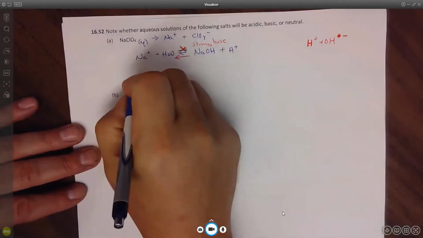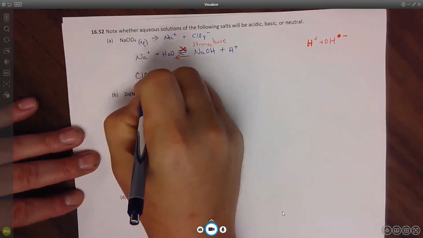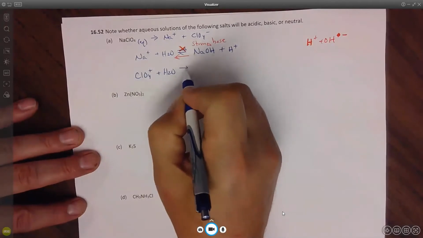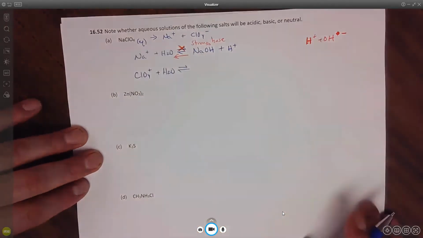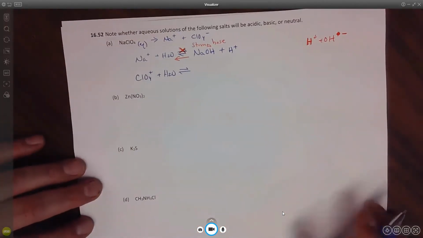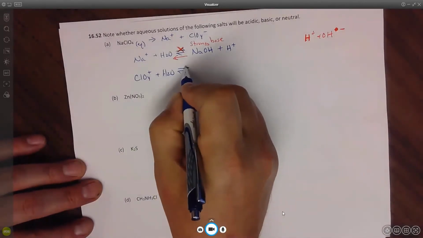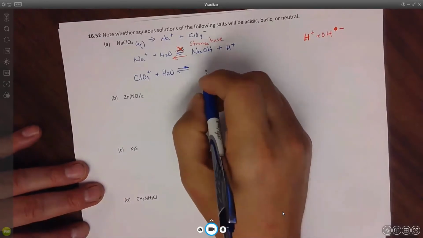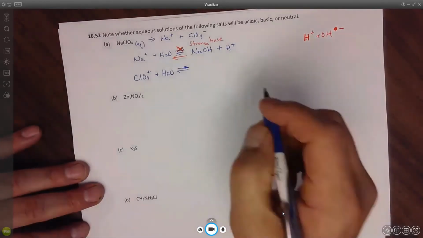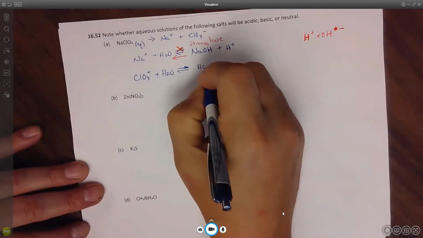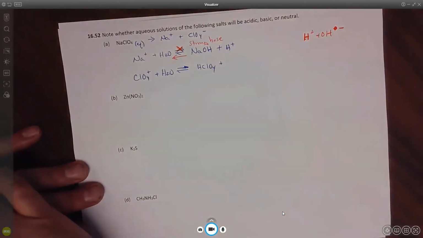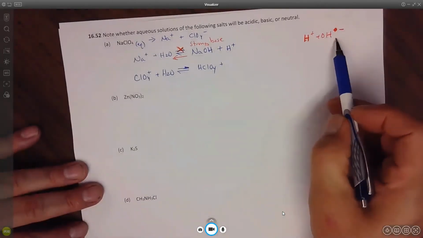Let's look at this ion. So Taylor, what will be the possible products of reacting with water with the perchlorate ion? It would be the H2O would donate an H plus to Cl, so it'd be HCl. And an OH minus. Yep, the OH minus would be left behind.